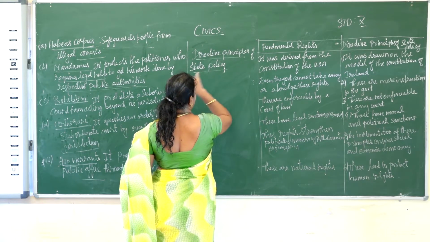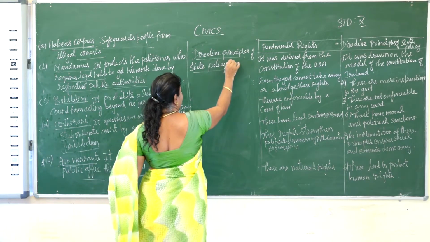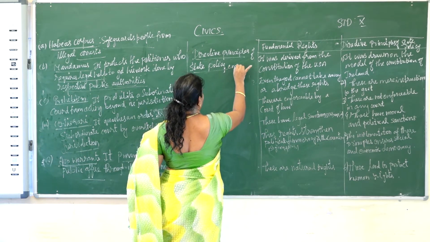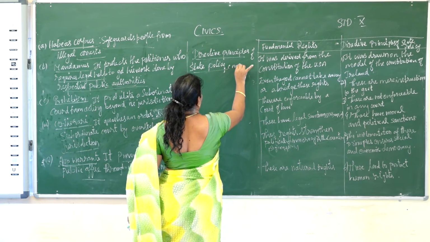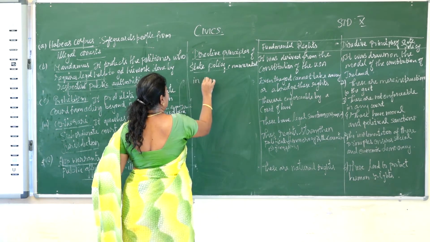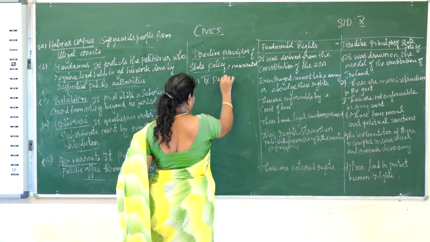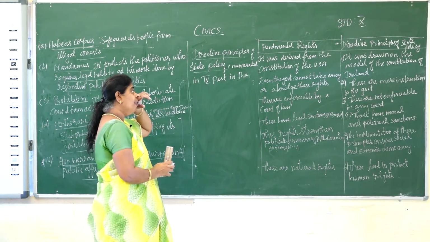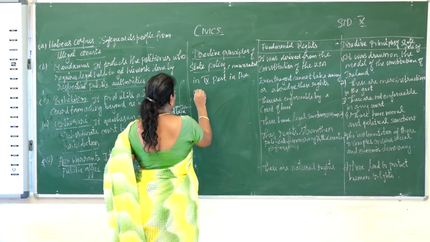What is this directive principle? The directive principles of state policy are enumerated in the 4th part of the constitution. Where it is mentioned: in the 4th part of the constitution.